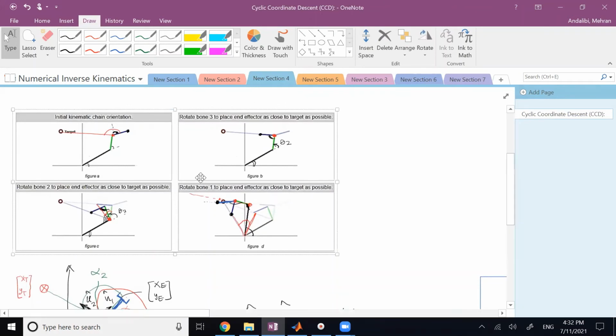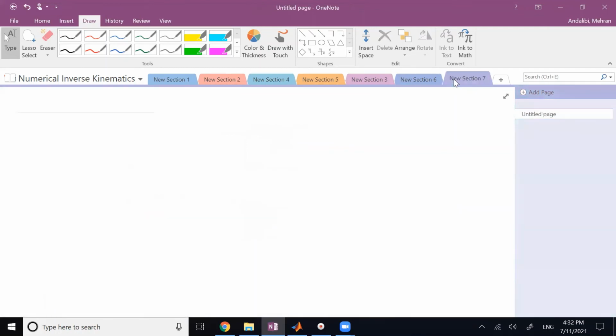But here seems to be a limitation that all of these three joints are rotary joints. What if one of them was prismatic or two of them were prismatic joints? Could you still use this method? Could you still use this algorithm? I want to show you that, yes, you can generalize this method to work for non-rotary joints as well, okay?